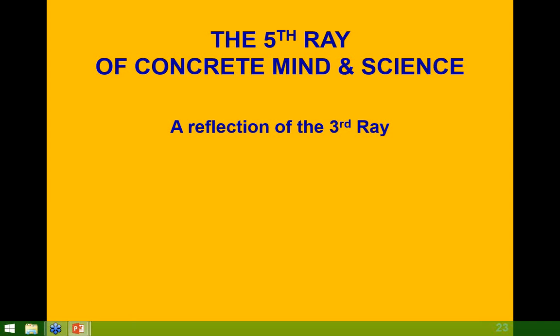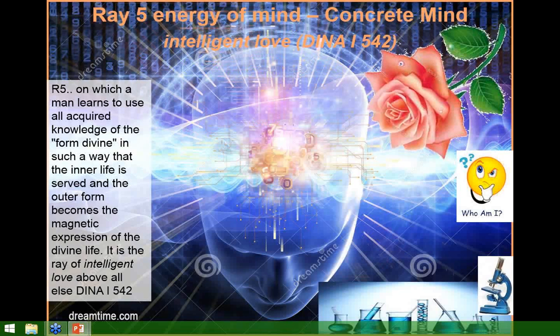Next slide as well, thanks Astrid. So it is a much narrower presentation, and whereas the third ray mind is everywhere, going everywhere all the time, and their wheels are always turning, with the fifth ray it's much more linear and logical and forward moving.